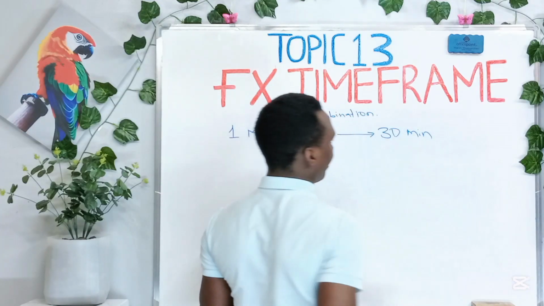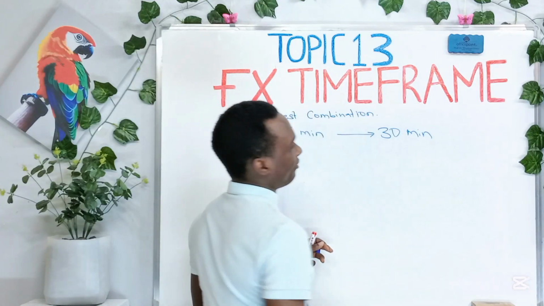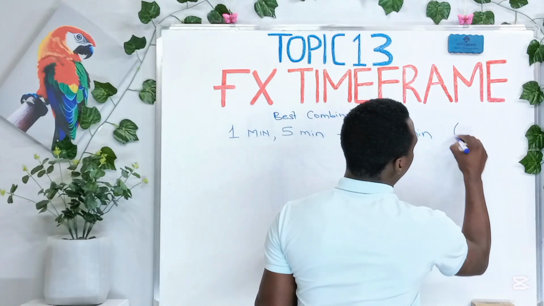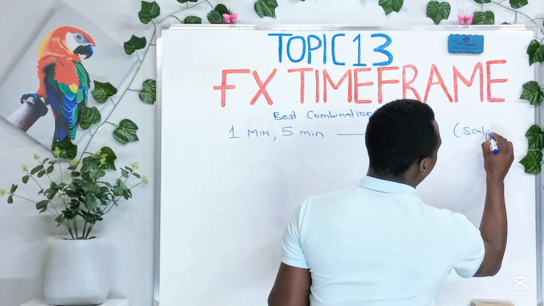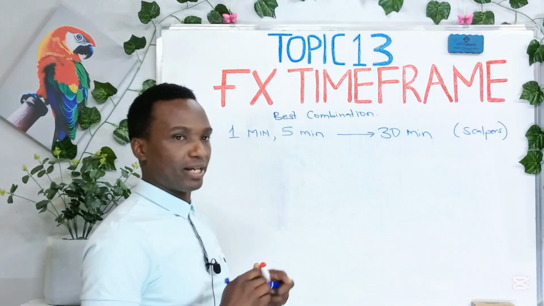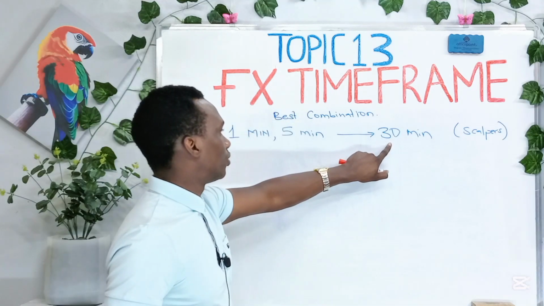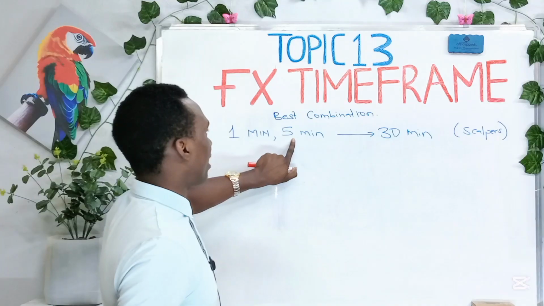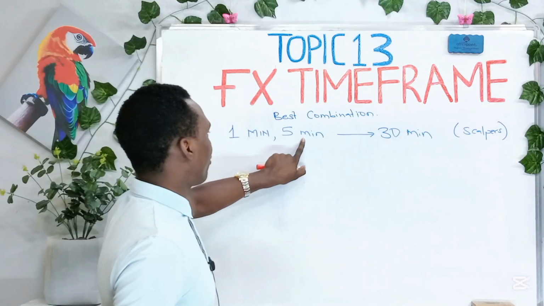This is the higher time frame. This type of traders, we call them scalpers. For me, I find this to be the best combination. You can either do 30 minutes and 5 minutes, or 5 minutes and 1 minute.